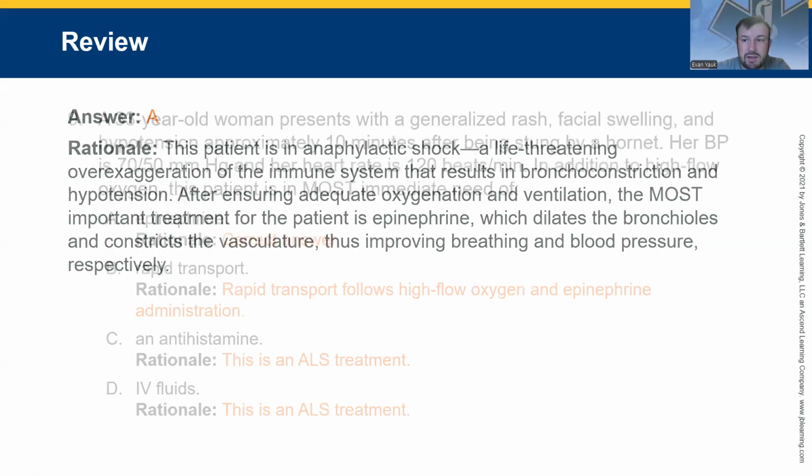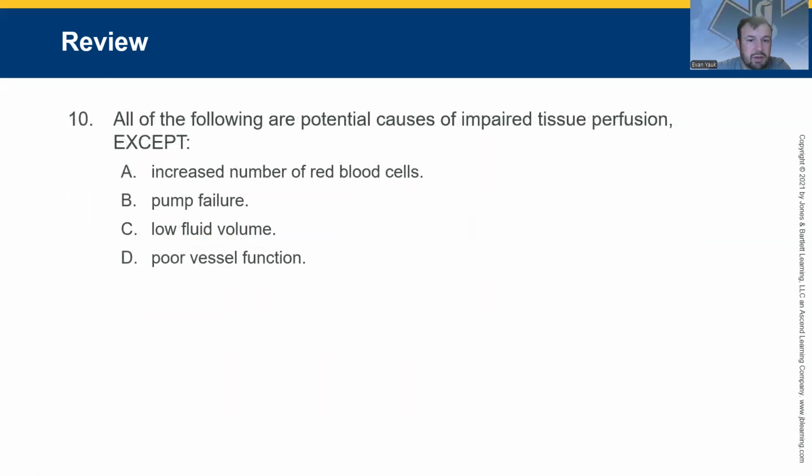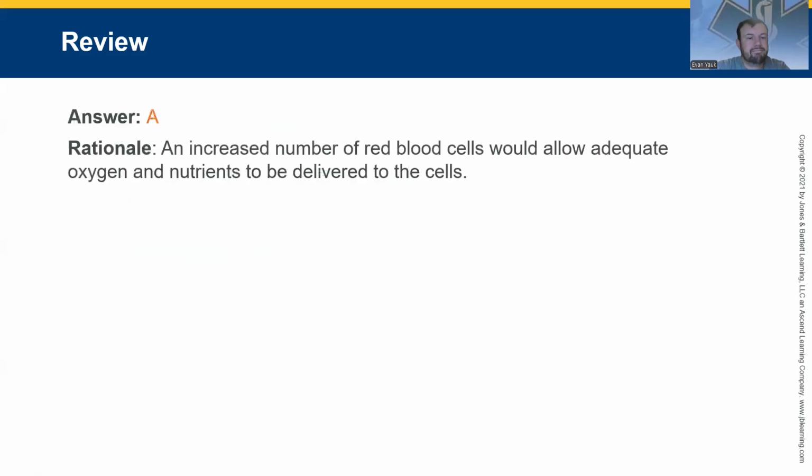She's had an anaphylactic attack. All of the following are potential causes of impaired tissue perfusion, except A, the increased number of red blood cells would allow adequate oxygen and nutrition to be delivered to the cells.